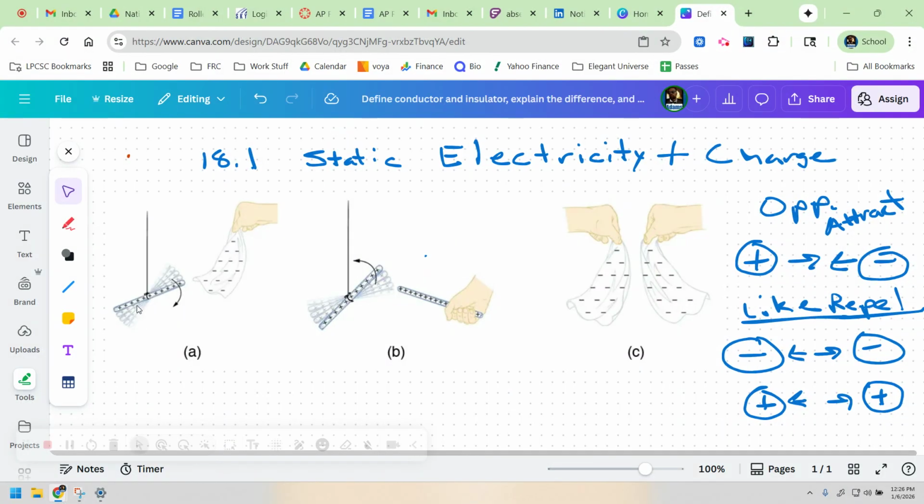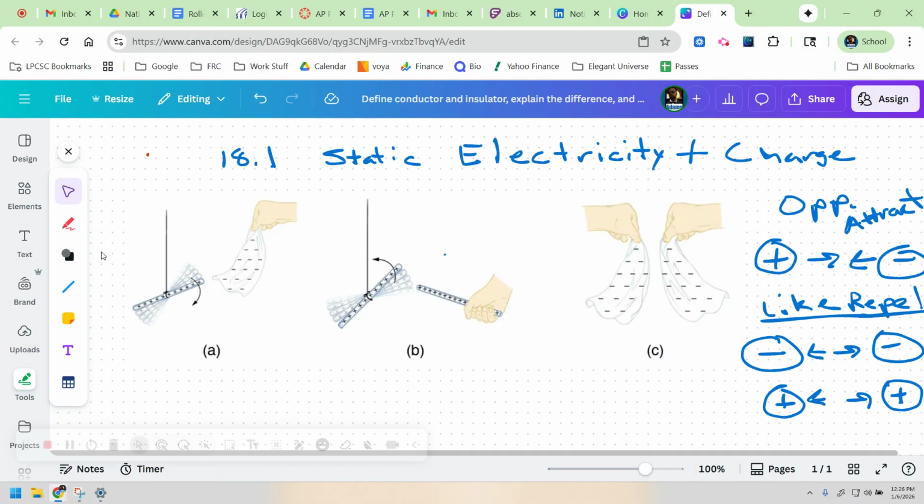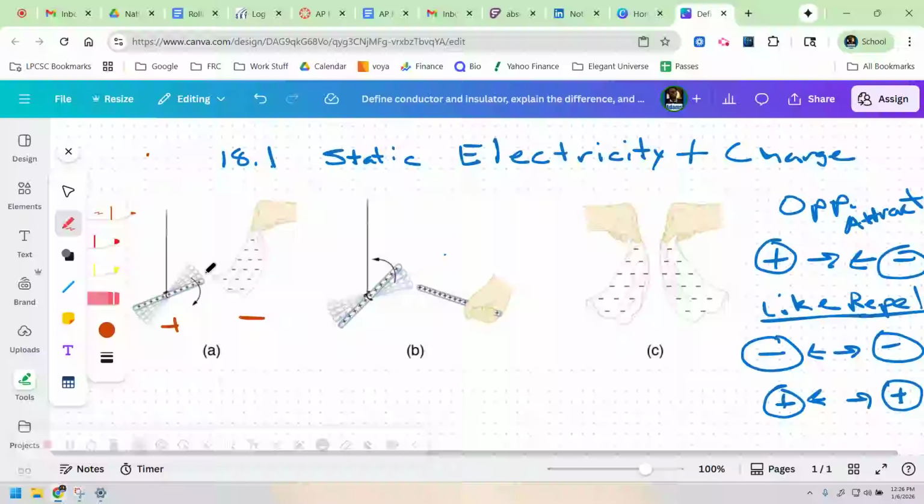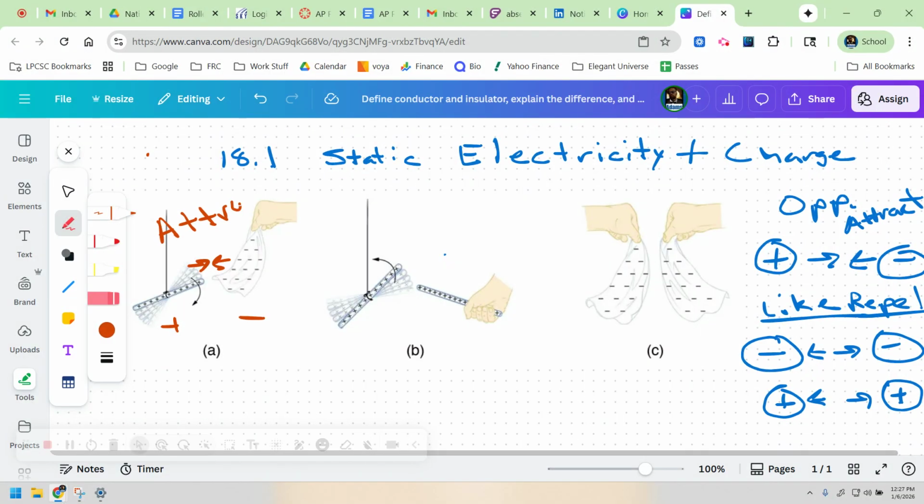It's hard to tell, but this is a positive charge. This is a negative charge. This is going to have an attraction to this, so these are going to attract. This is positive. This is positive. So they're going to push away from each other. So this would repel.